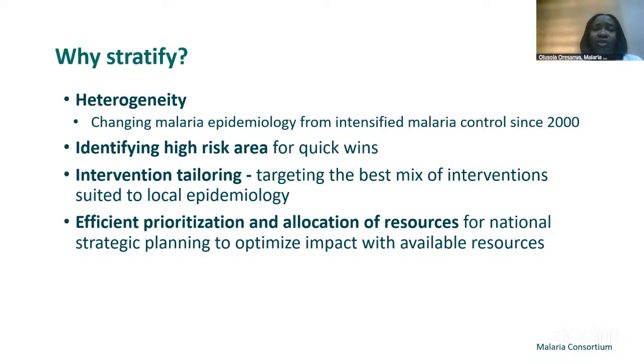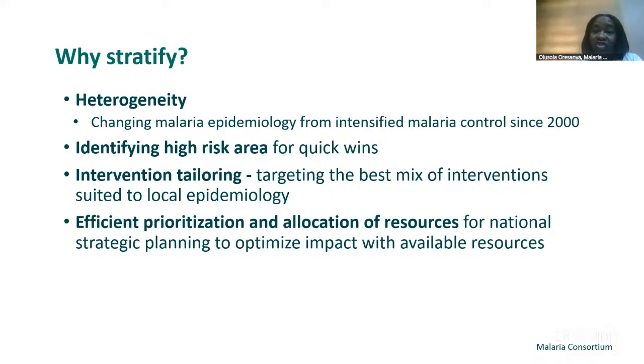And then it's also important to identify high-risk areas, because once you are able to identify those areas which are high risk, then it becomes easy to target those areas with your interventions. And then that gives you quick wins, rather than doing everything everywhere and not really moving the dial. And then intervention tailoring also helps.